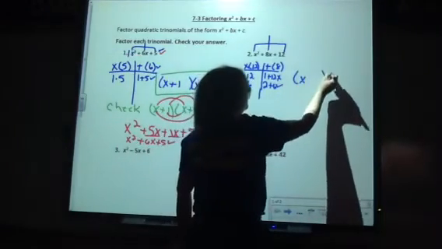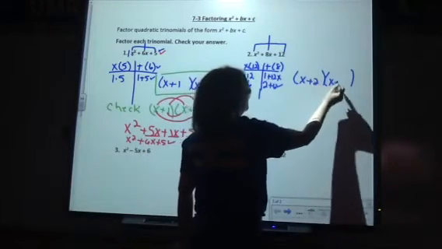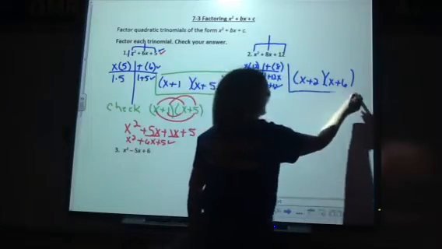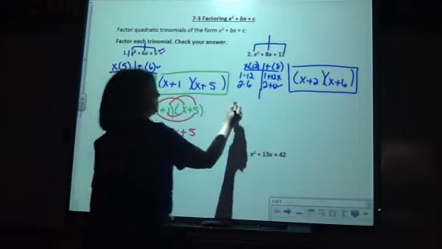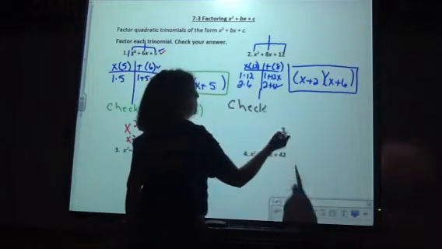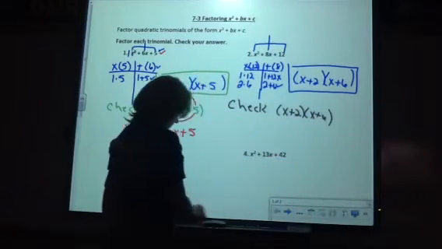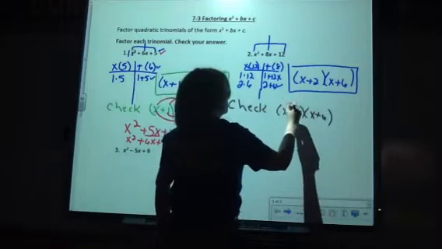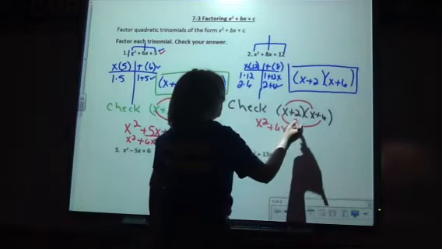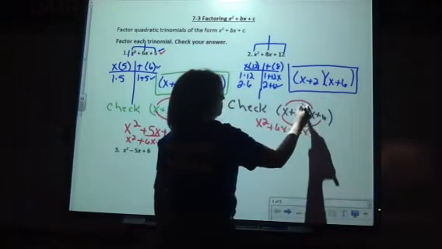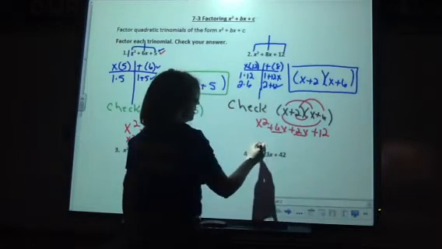So I have x, and I have x. Positive 2, positive 6. That's how I factored that. Now let's check it. Combine your like terms.